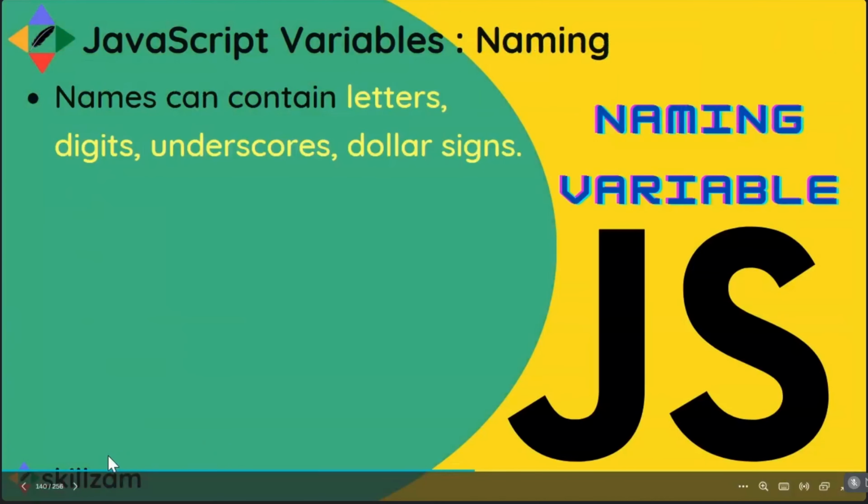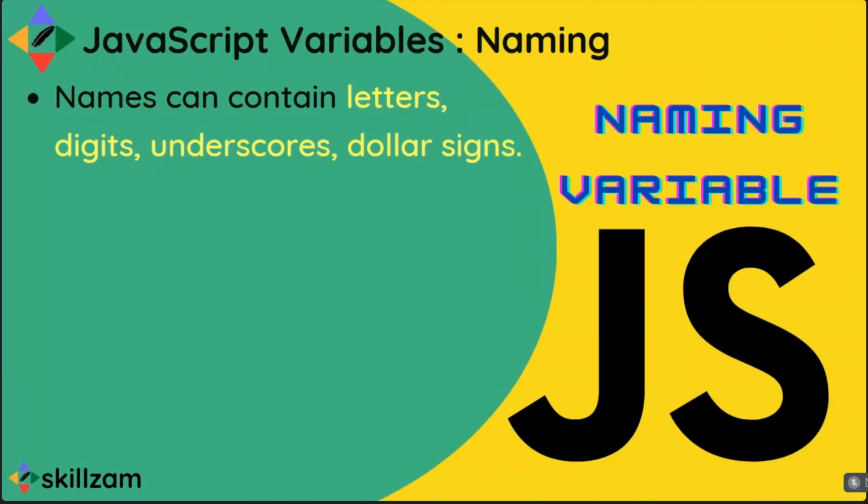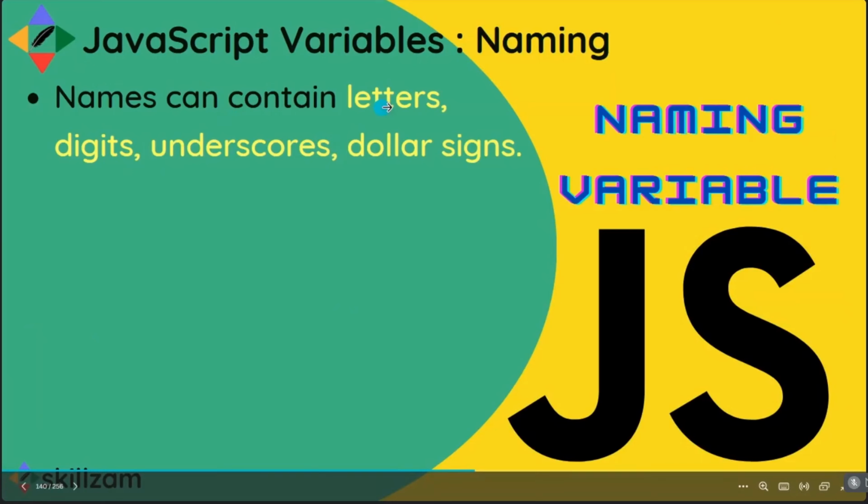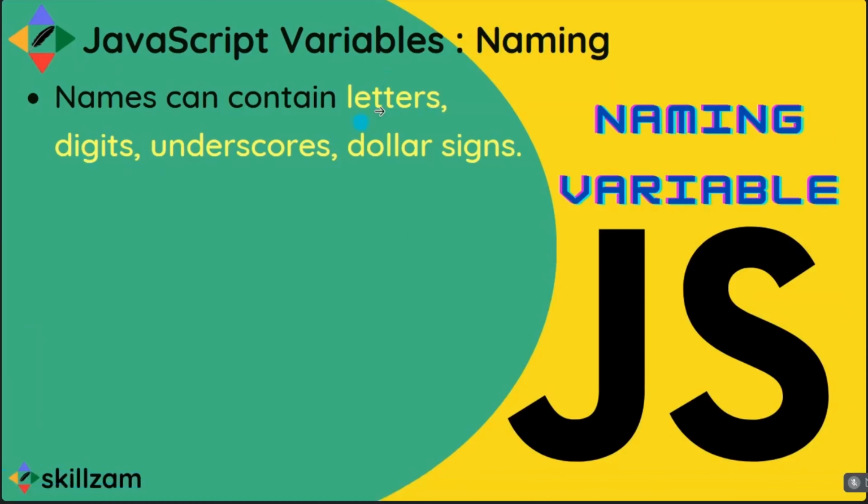So that being said, again, the convention for naming a variable and an identifier goes hand in hand. They are the same. Like we saw, how do you name an identifier? It can contain alphanumeric characters, which is letters or digits, underscore and dollar sign. It is the same for variables. All right, and variables must begin with a letter, it cannot begin with a number.